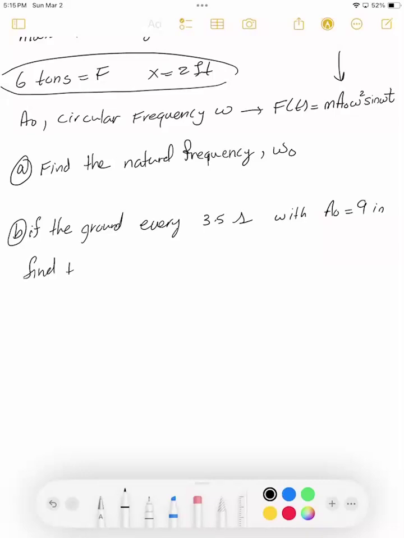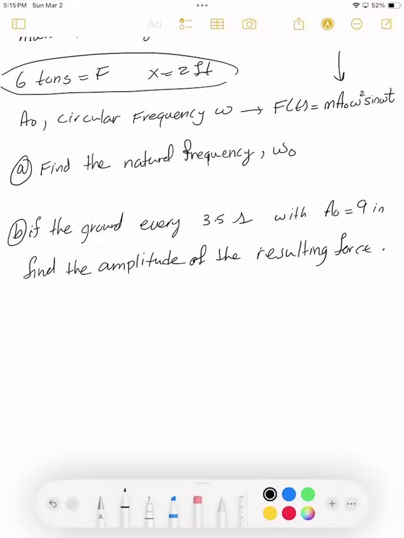That's what you want to find. So we want to find the amplitude of the resulting force oscillating the second floor.